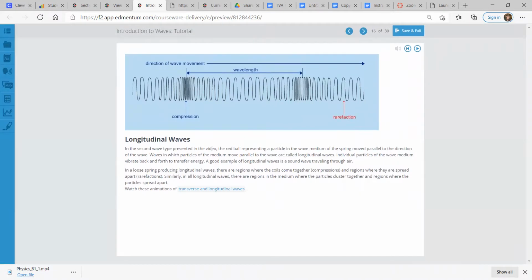So rarefactions are where that's spread out, and then when it's close together, it compresses. And similarly, in all longitudinal waves, there are regions in the medium where the particles cluster together. So particles get bunched up, and then there are areas where particles are more spread apart.